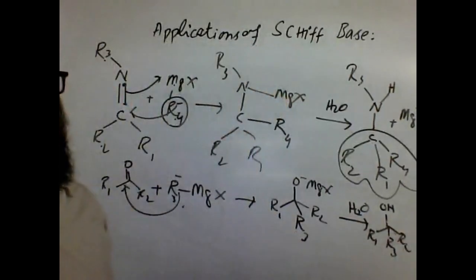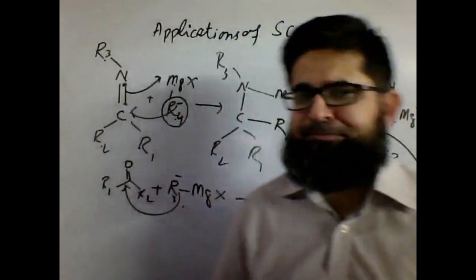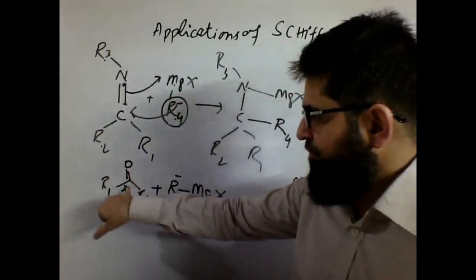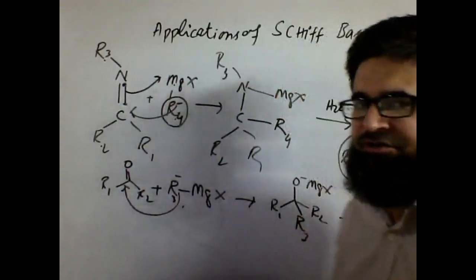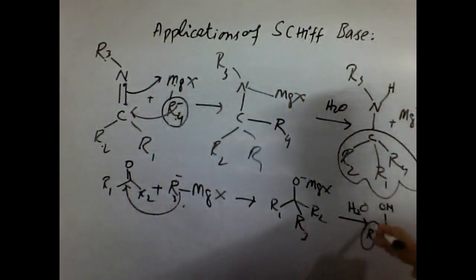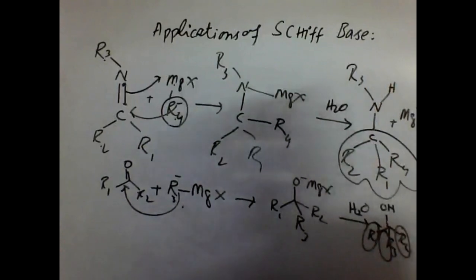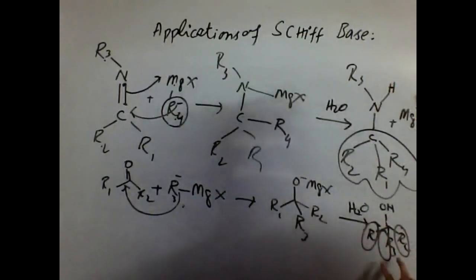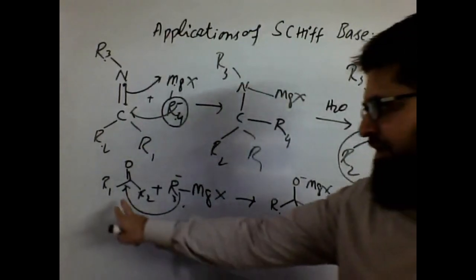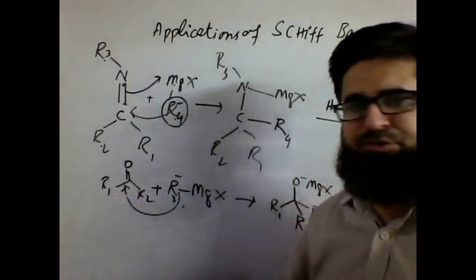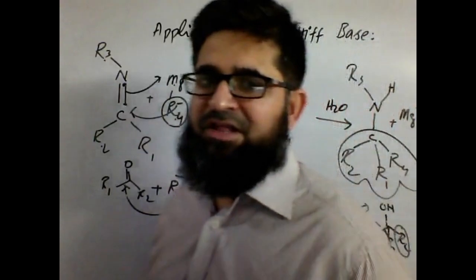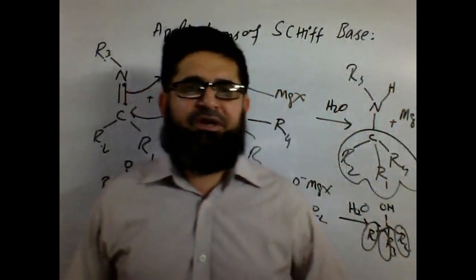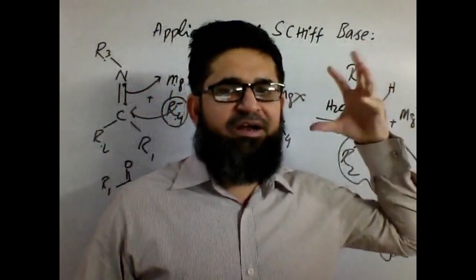Some of the students do ask me a question: when we react aldehydes and ketones with Grignard reagent, we also increase the number of substituents, three substituents in the product, whereas initially we have only two. So this is how we can increase the number of substituents. Then why do we want to generate the Schiff bases first from aldehydes and ketones?